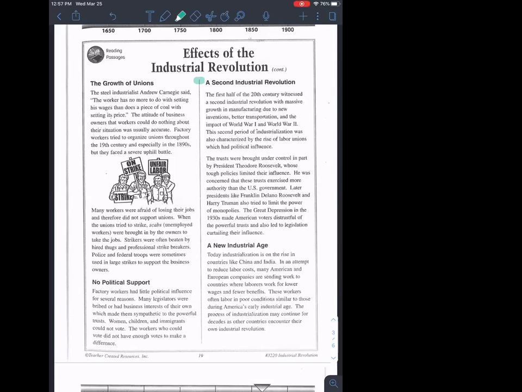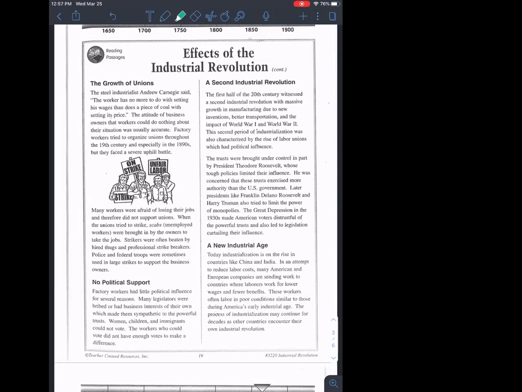All right, so now we have a second industrial revolution. The first half of the 20th century witnessed a second industrial revolution with massive growth in manufacturing due to new inventions, better transportation, and the impact of World War I and World War II. This second period of industrialization was also characterized by the rise of labor unions, which had political influence.